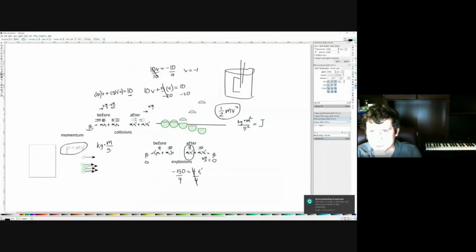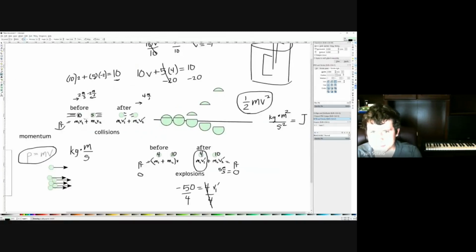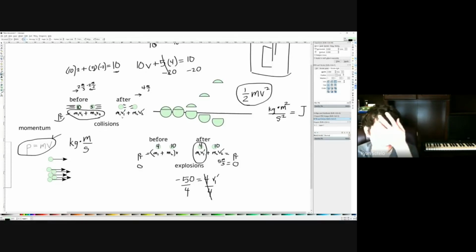So this is how you do these conservation of momentum problems. It's really just this. And the formula for momentum is this. And there's a couple examples of how you solve these problems.